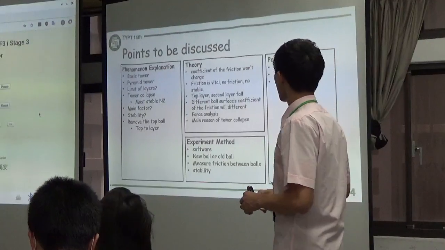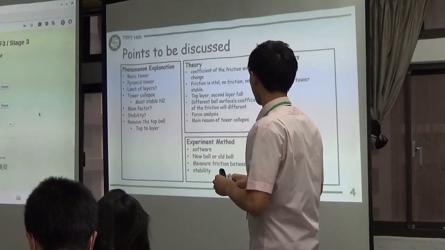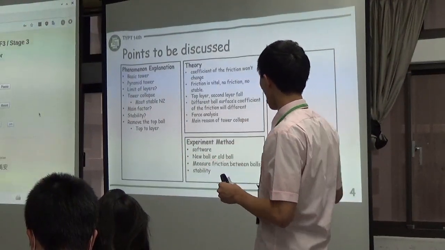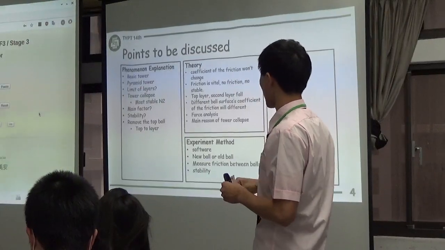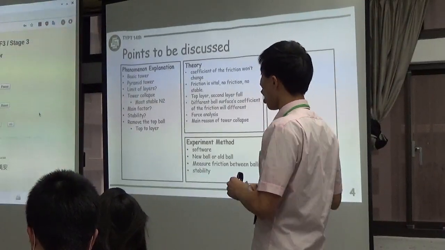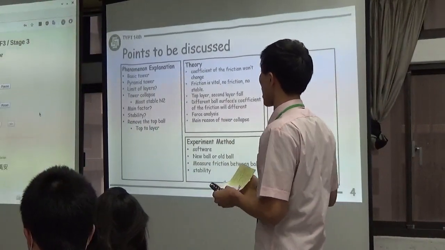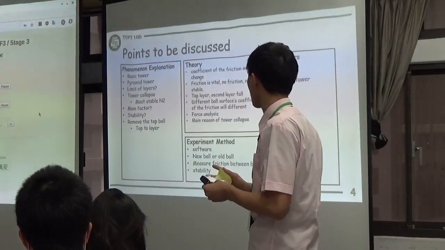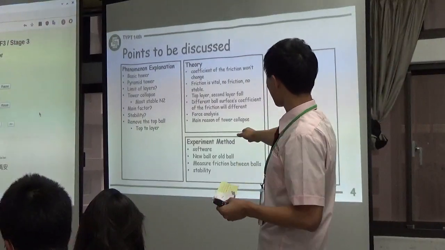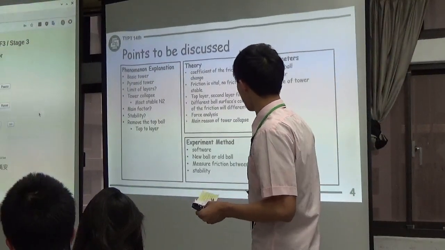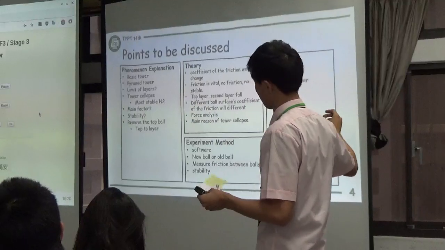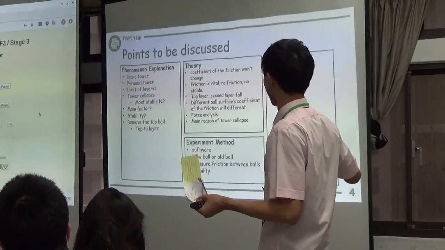For the experiment method, they use this software, and they try a new bar and an old bar, and we believe that the old bar can do this experiment better because the old bar has a greater coefficient of friction, but they did not measure the actual frictional force between the bars, which we think can be done.